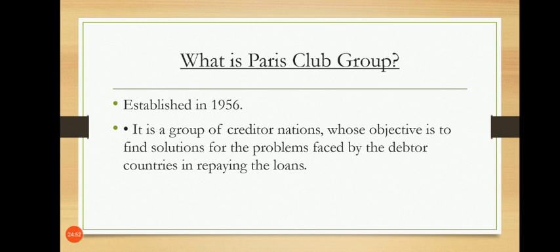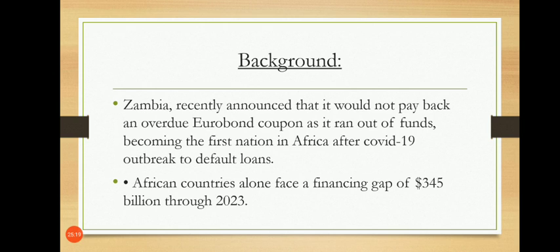So this Paris Club group helps countries understand why the poor countries are not able to pay back the loans, what the reason behind their non-repayment is, and what the problem is.